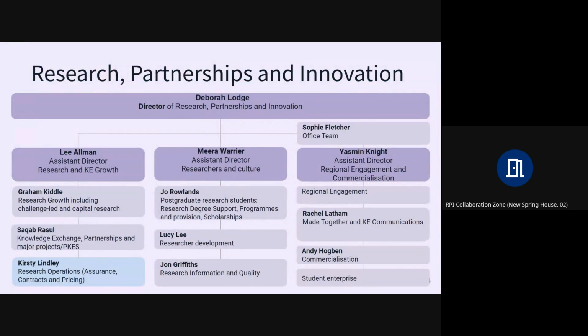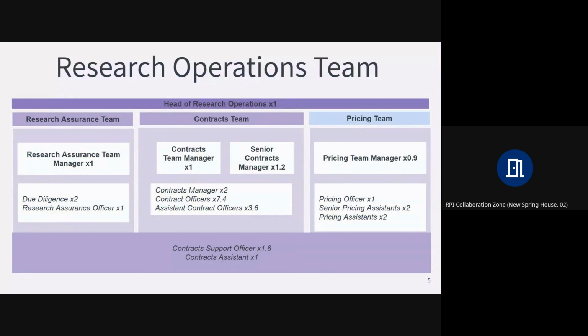Really quickly, this is just to give you the context of where we sit. This is RPI. We are under the research and growth team, in research operations, which covers pricing, contracts, research assurance.